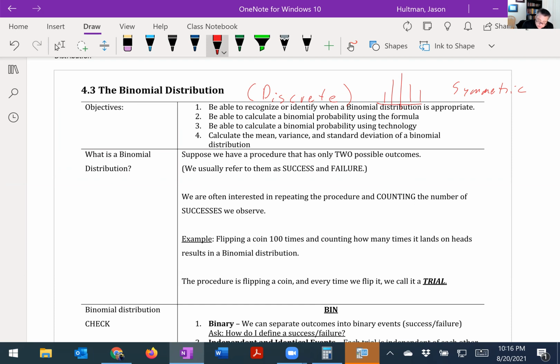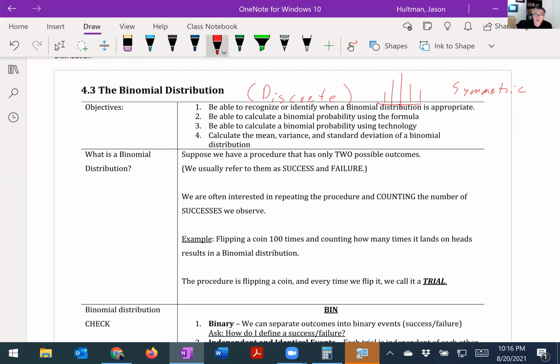So what is the binomial distribution? Suppose we have a procedure that has only two possible outcomes. Usually we refer to them as a success or a failure. We often are interested in repeating the procedure and counting the number of successes we observe.